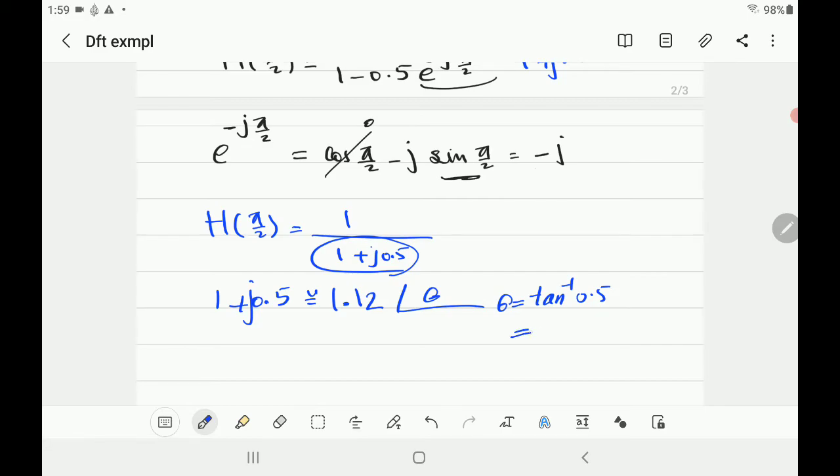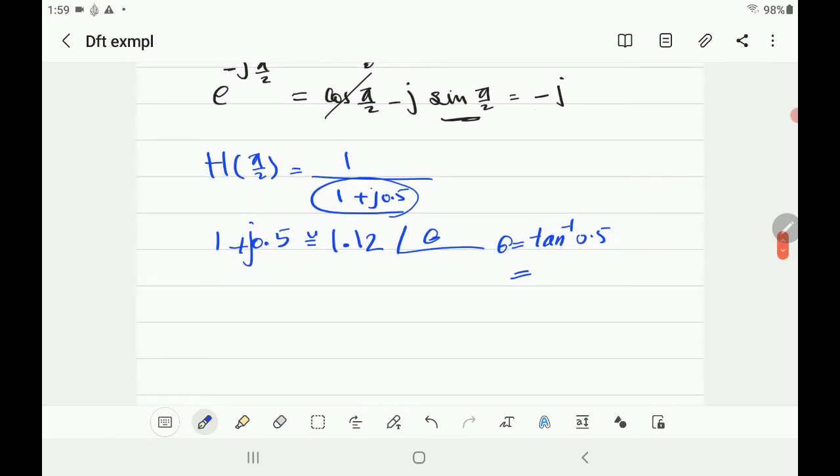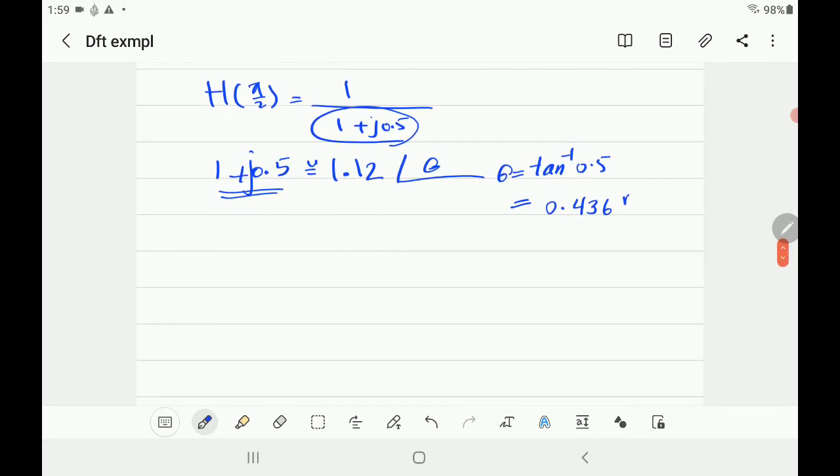I did that in the calculator. In radians, I found it is equal to 0.436 radian. So you can express this complex number, converted from Cartesian to polar form: 1 plus j 0.5 is equal to the magnitude 1.12 e to the power j 0.436. Great.